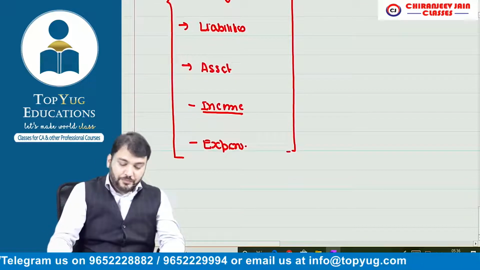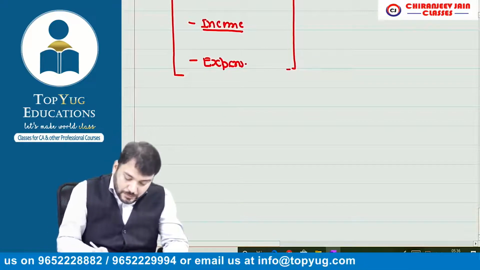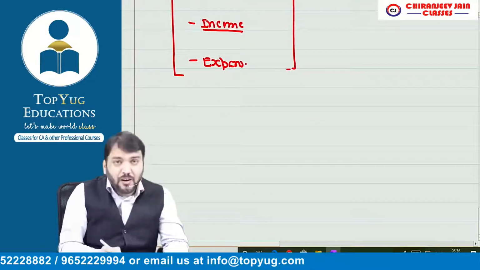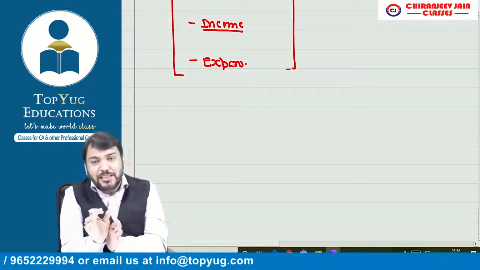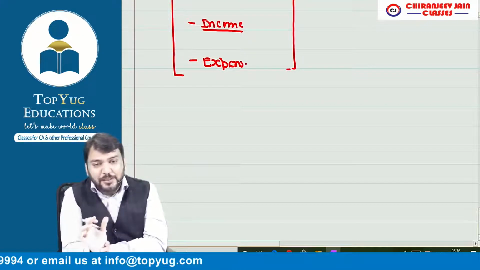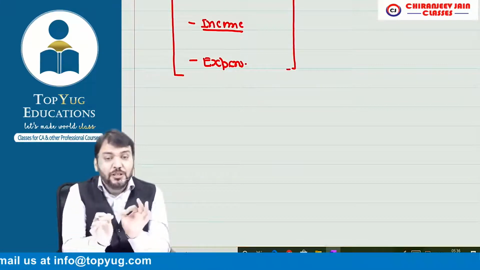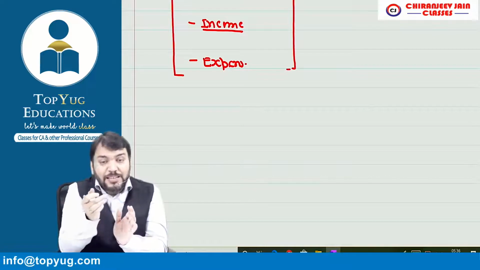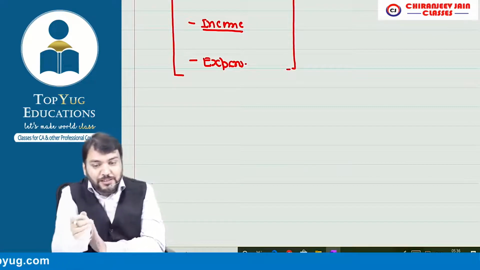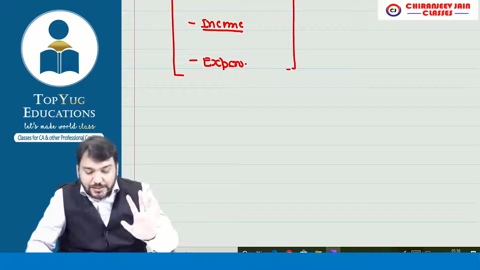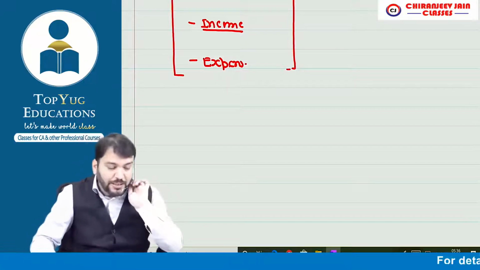Correct. Now, let us start with the meaning. Right now, I will not give you the technical meaning of these five terms. I will just explain from the point of view of understanding. For understanding, I require full concentration.